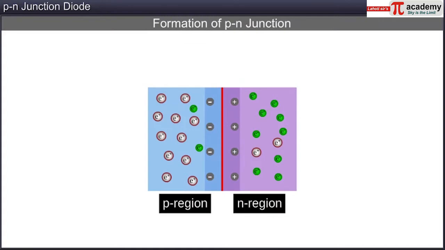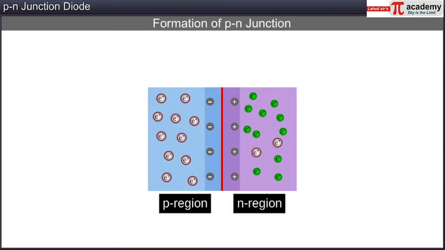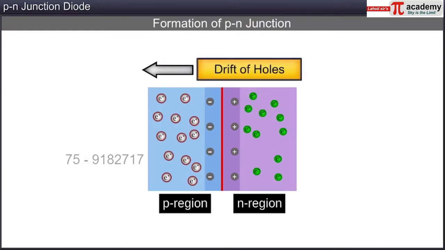The electric field across the depletion region causes electrons in the P region to move to the N region. This is called the electron drift. Simultaneously, the electric field across the depletion region causes the holes in the N region to move to the P region. This is called the hole drift.